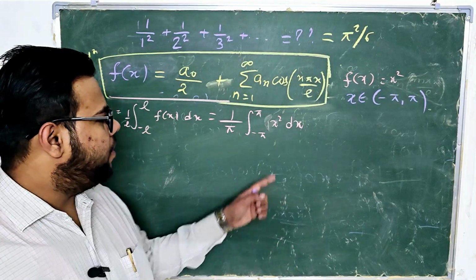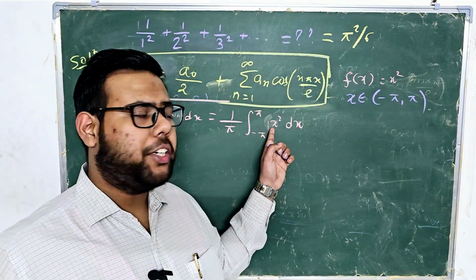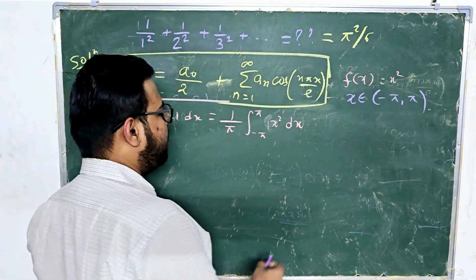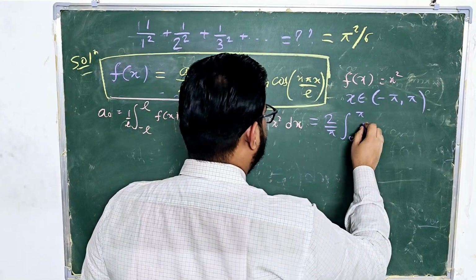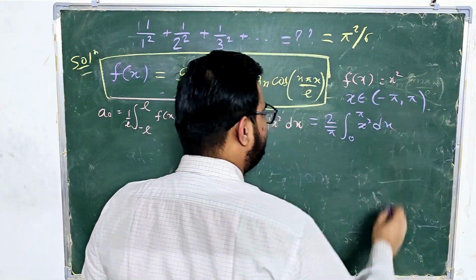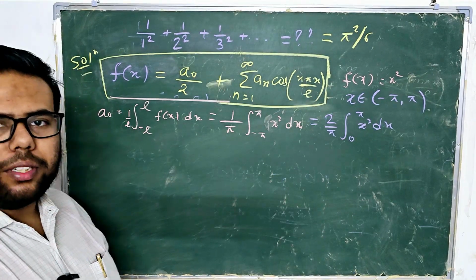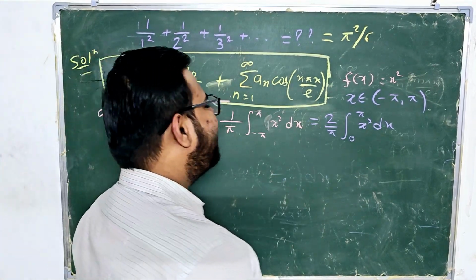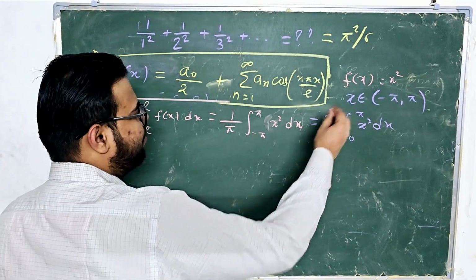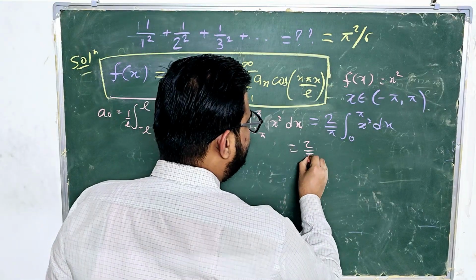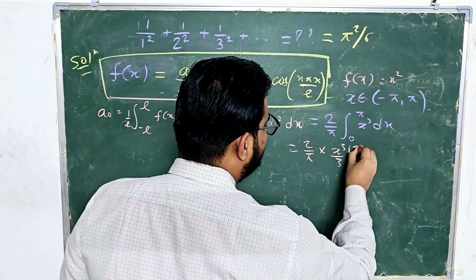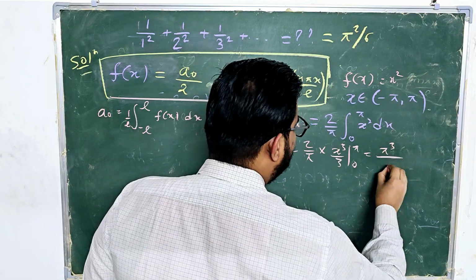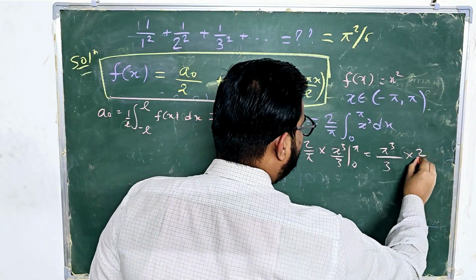Now notice this is an even function, so you can write this as 2 by pi integral from 0 to pi x square dx. You know this property or not? So this is 2 by pi times x cube by 3 evaluated from 0 to pi, which is pi cube by 3 times 2 by pi.